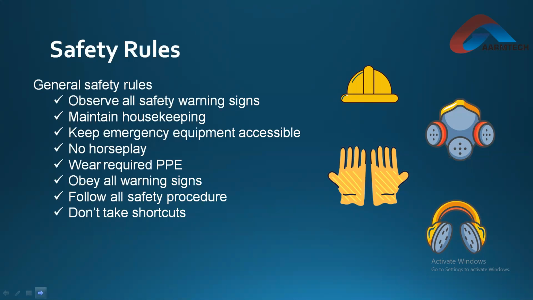Horseplay in the sense of making fun of other workers, it will lead to a dangerous situation. Whenever you visit the site, wear required personal protection equipment, obey all the warning signs and follow all safety procedures. Never take shortcuts.